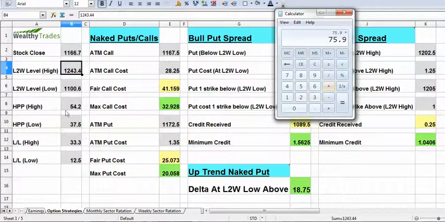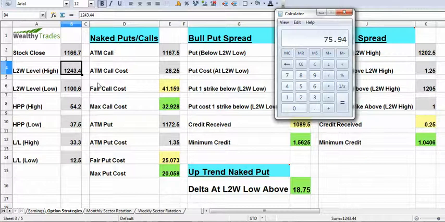Because if it hits it 54.2% of the time, then the price of that should be 54.2% of the distance. So the distance between the expected high, 1243.44, and 1167.50 is $75.94.